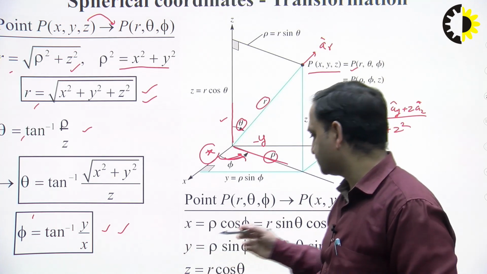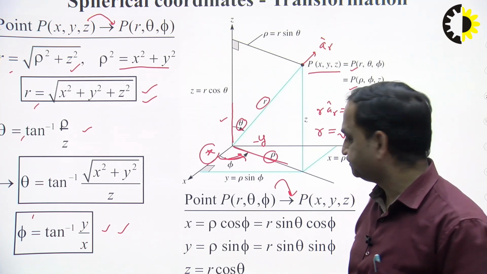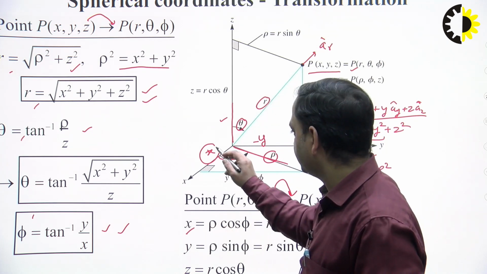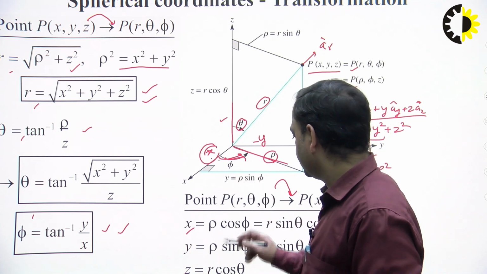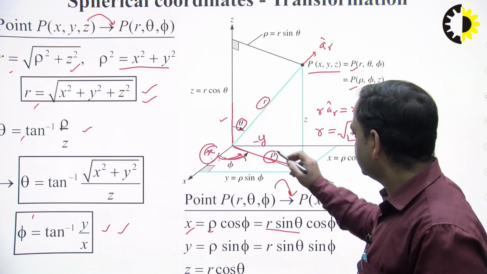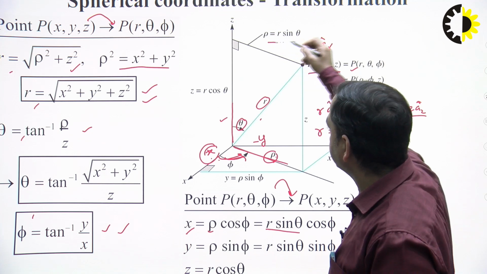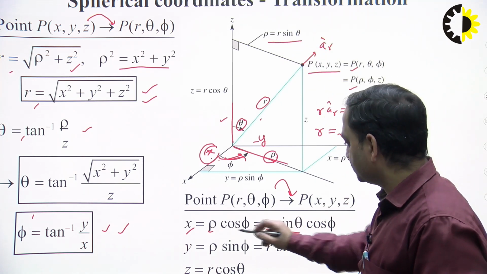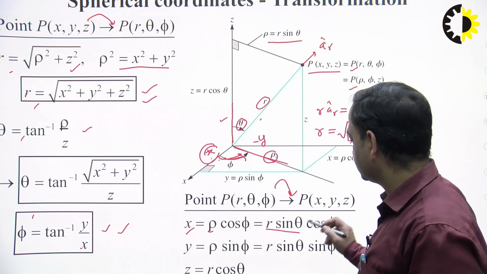Similarly, we can find the transformation from spherical to Cartesian coordinate system. Right. So here, just find the x. X is what? X is rho cos phi, and rho we are aware is r sin theta. Right. This is the rho. This is the r. So this rho will be r sin theta. So when we put the value of rho as r sin theta, then x is equal to r sin theta cos phi.